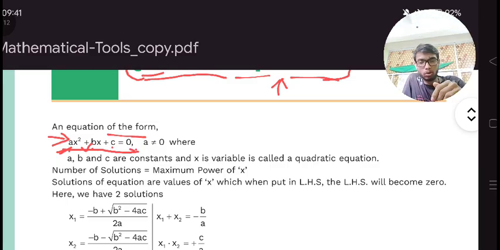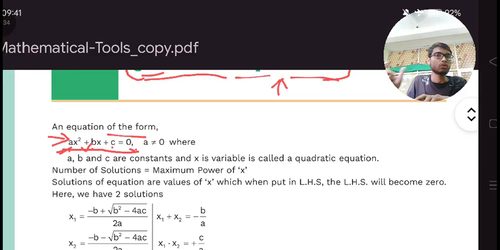Also, I want to explain the definition of coefficient number. A coefficient number is a number, okay, a constant number you can say, but it will be with a variable. This is the main point to define a coefficient number.